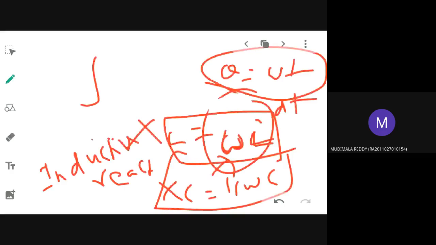In the next class we will discuss pure inductive, pure capacitive, RL in series, RC in series, and RLC.